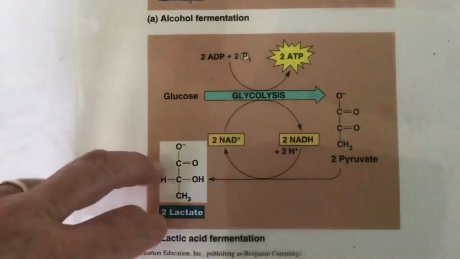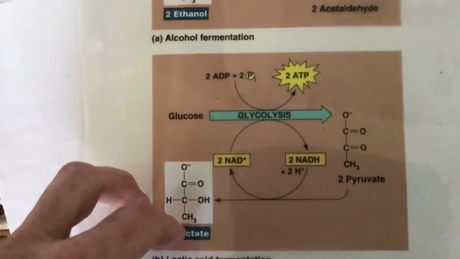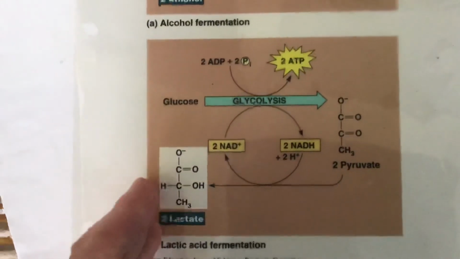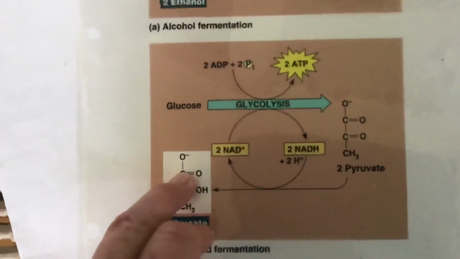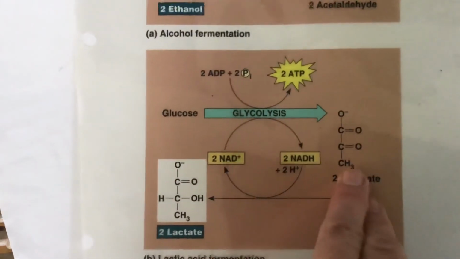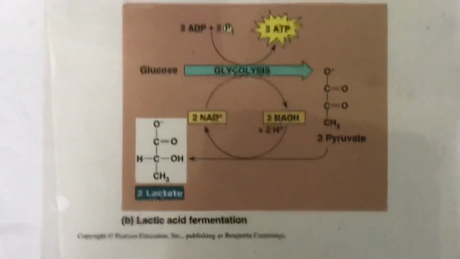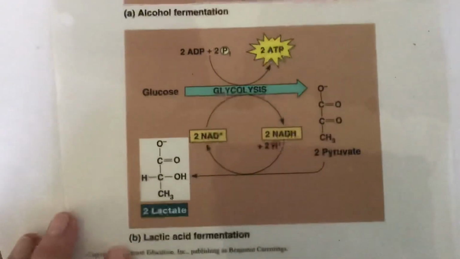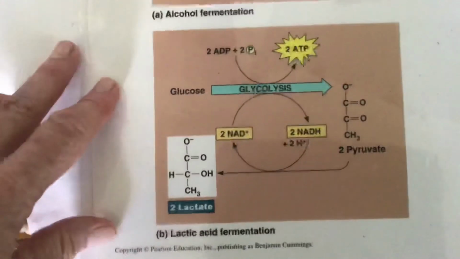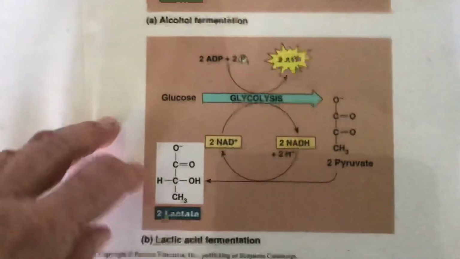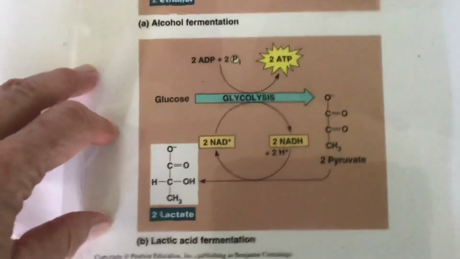Lactic acid is a 3-carbon molecule, and once oxygen is present again, that lactic acid can be converted back to pyruvate and run this process again. So lactic acid fermentation is done in animals mainly when their muscles are lacking oxygen, generally speaking when you're running for a long period of time.